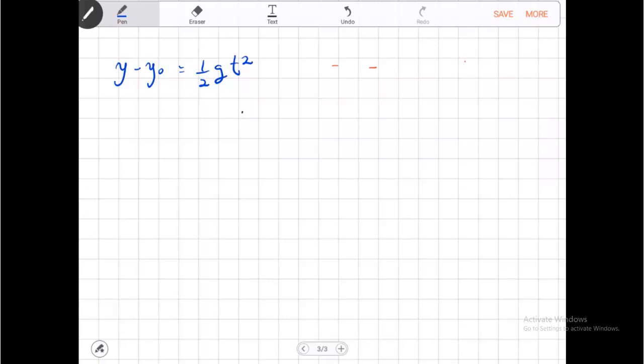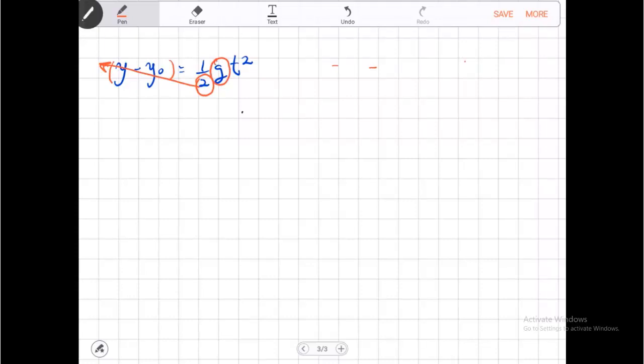Now what we can do is this: we put y minus y0 into parentheses, and we take this 2 that is dividing on this side of the equation to multiply on this side. The same we do with the gravity, which is multiplying on this side.